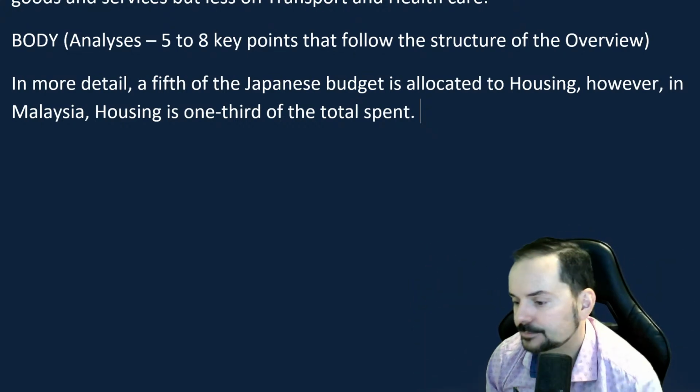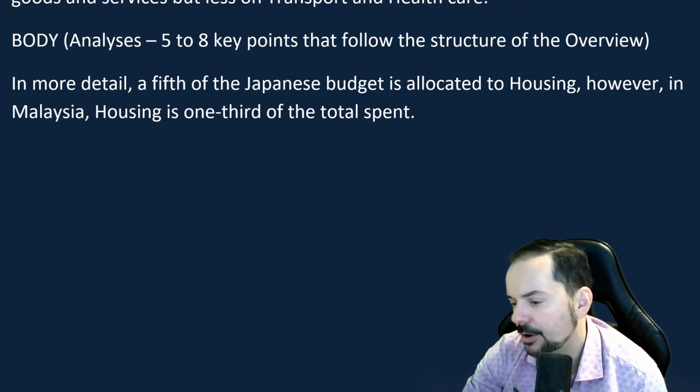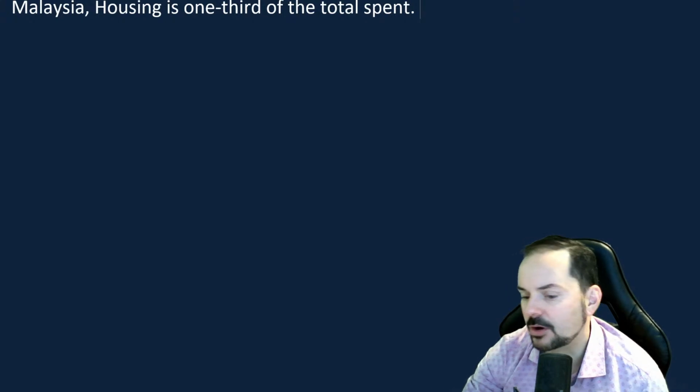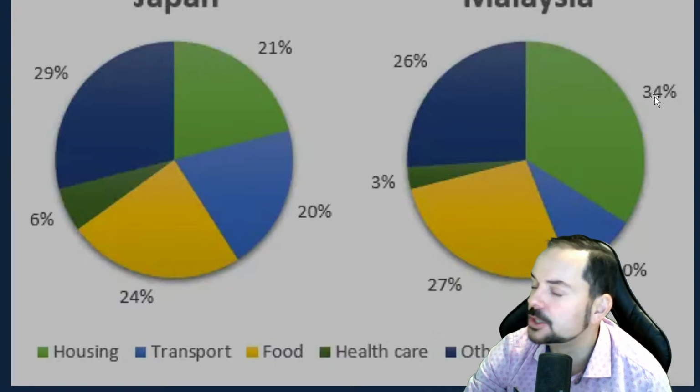Harsh says, the percentage of housing in Japan was over 1/4. No, it wasn't, Harsh. It was just over a fifth. Over 1/4 would be 26%. While in Malaysia, it was over 1/3. I wouldn't do that, Harsh. I wouldn't say that Japan was over a fifth and Malaysia was over 1/3, because that 1% is negligible.